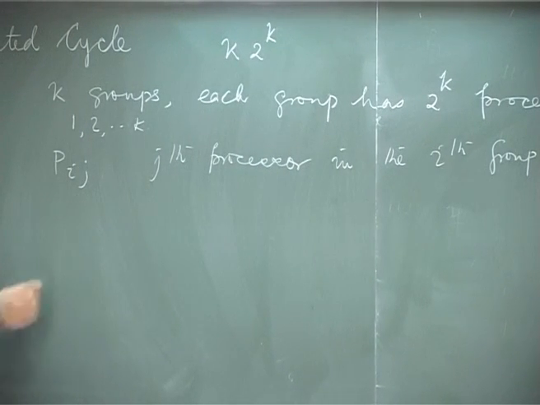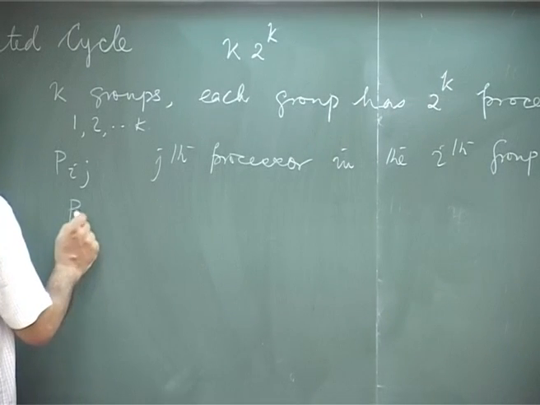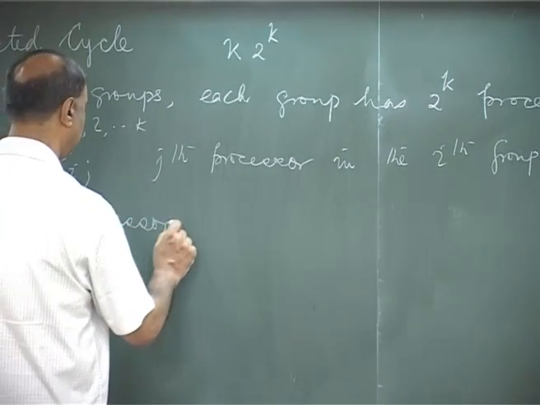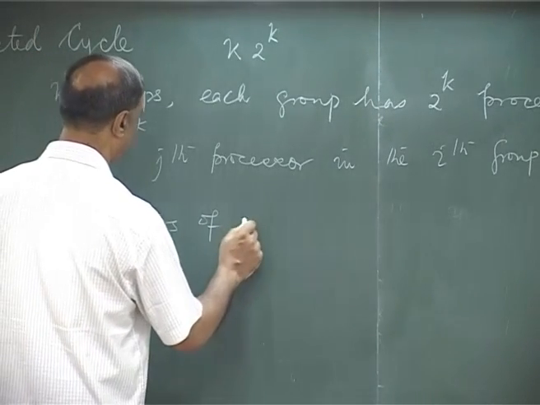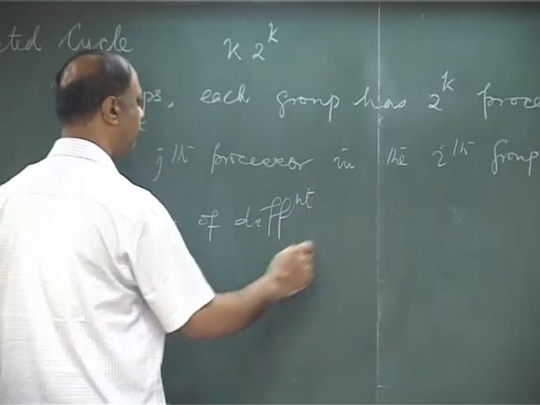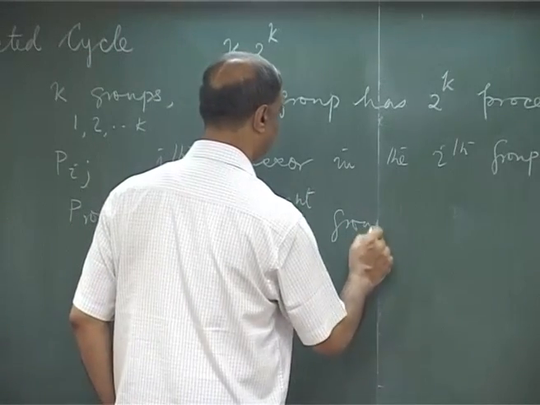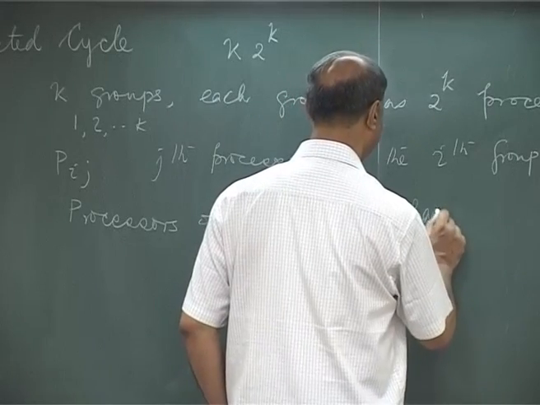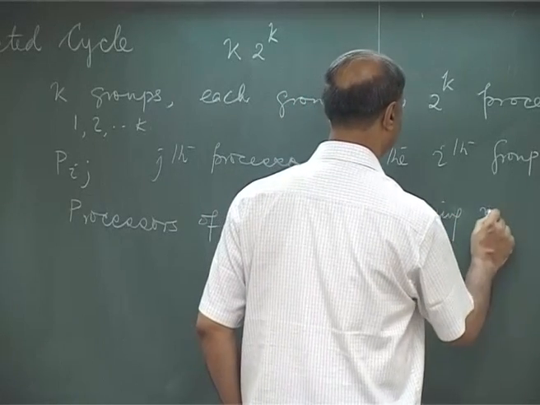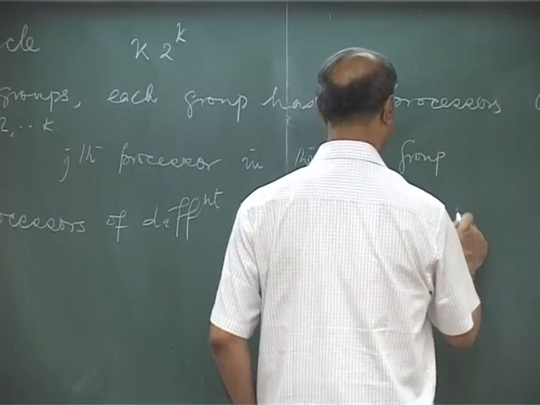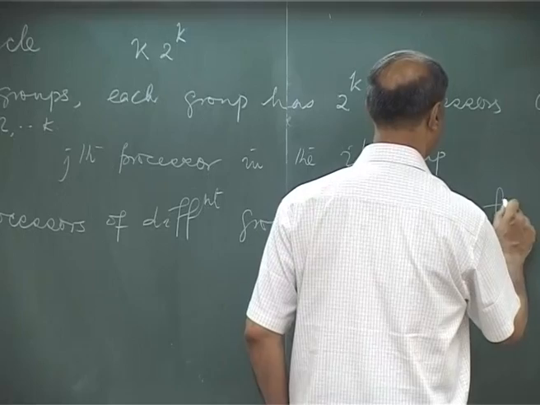The processors of different groups having the same index j form a cycle.